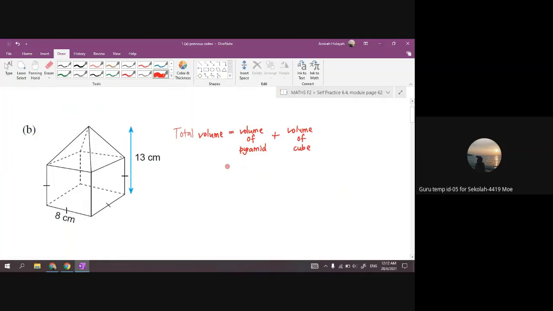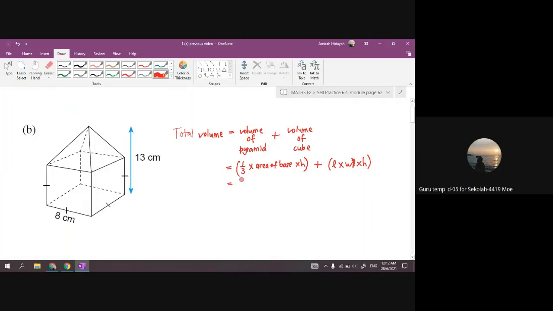You already know that the formula for volume of pyramid is 1/3 times area of base times height, right? That is the formula for volume of pyramid, plus volume of cube, length times width times height, right?